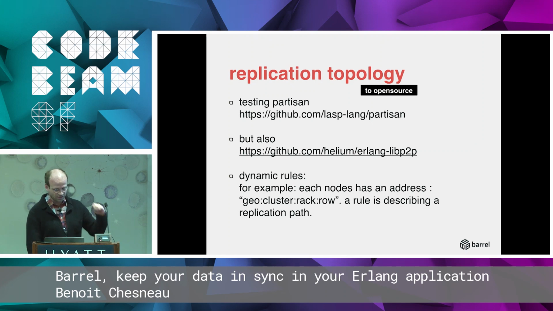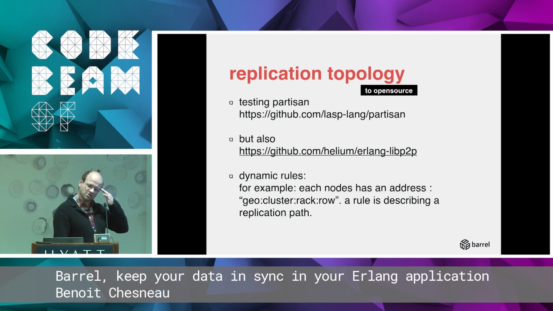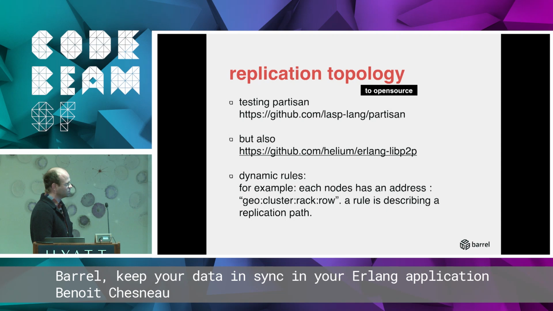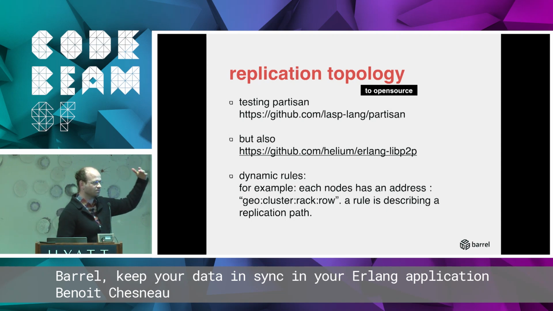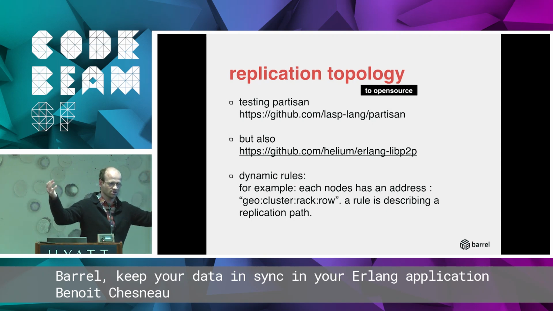The other one that I'm also trying to use is Erlang libp2p, which gives kind of the same result as Partisan. I'd like some documentation for that, but we also have some parts that are working. The nice thing with Erlang libp2p is that with Partisan, I have to build all these exchanges between nodes.